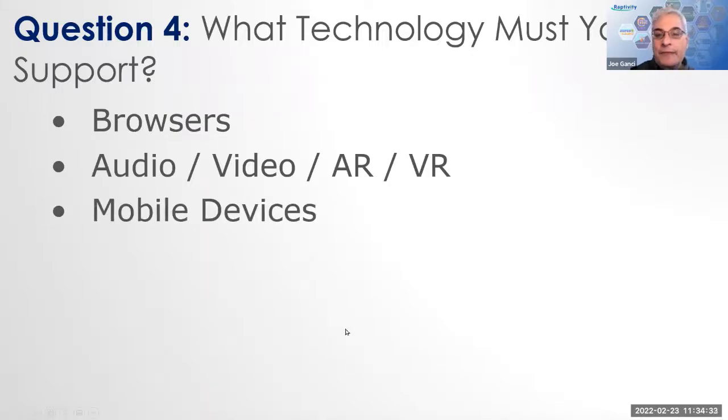What about mobile devices? Are you going to be delivering to mobile devices? Nowadays, the answer very often is yes. They need to be able to take this training on their cell phones, on their tablets. And so you want to make sure that you're preparing your learning so that it will work correctly there. And that means usually responsive design.